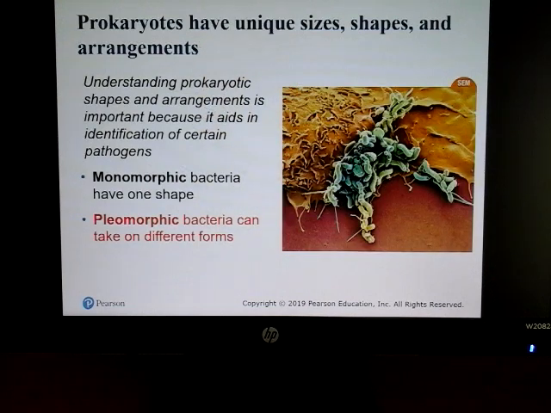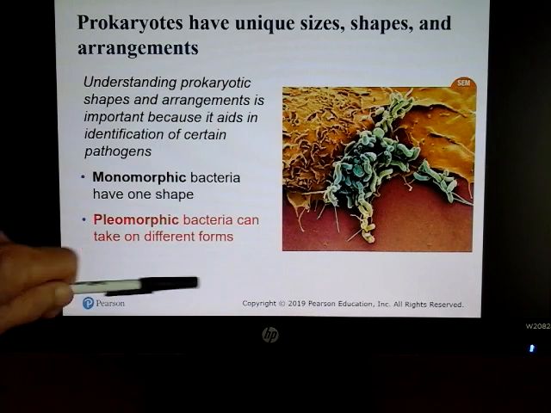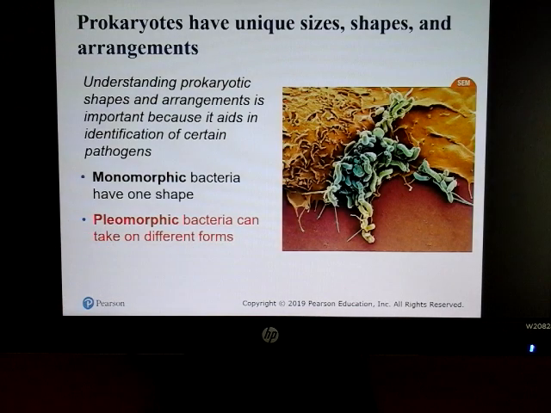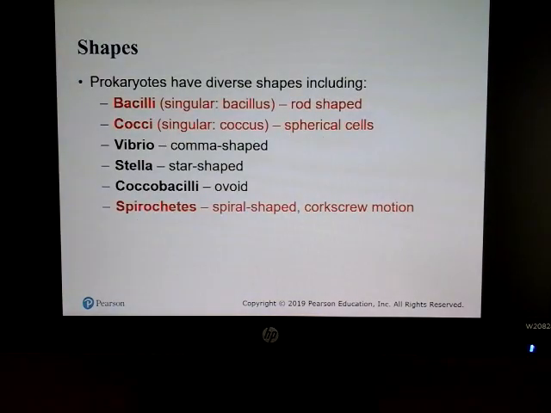The first thing I'd like you to be aware of is that prokaryotes have a lot of different sizes, shapes, and arrangements. One term to know is pleomorphic, and that's when bacteria can take on different forms. So when we study microbes, we have to be aware that they could change shapes or size, depending on what we're growing them in.